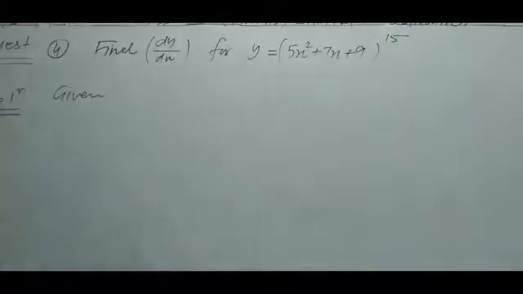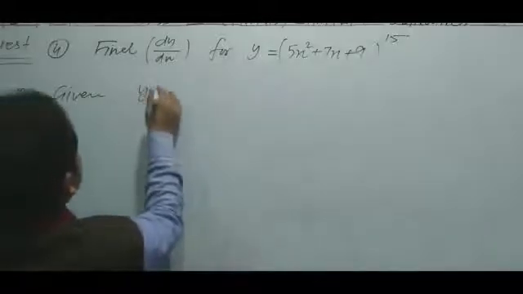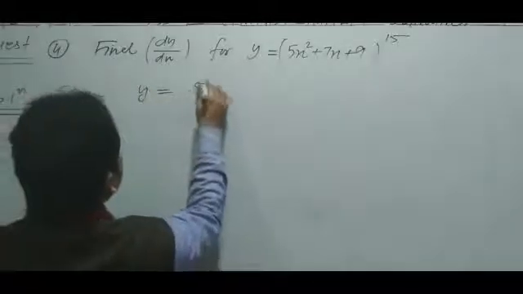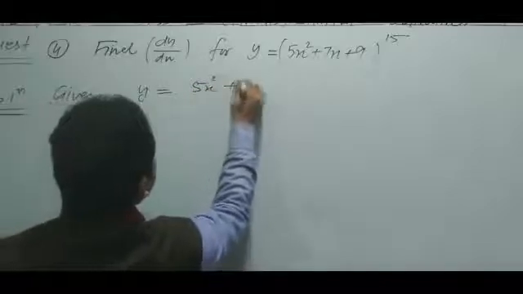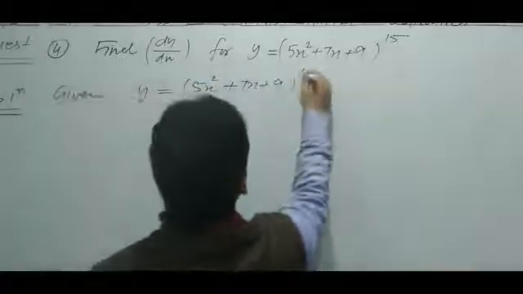Then what we can do? This is the same process. You have to consider given function y is equal to 5x square plus 7x plus 9 to the whole power 15.